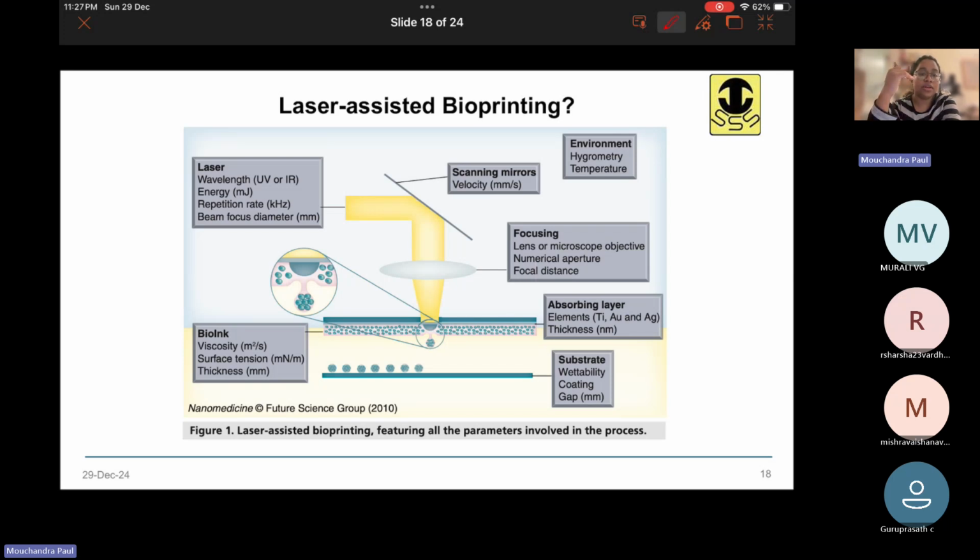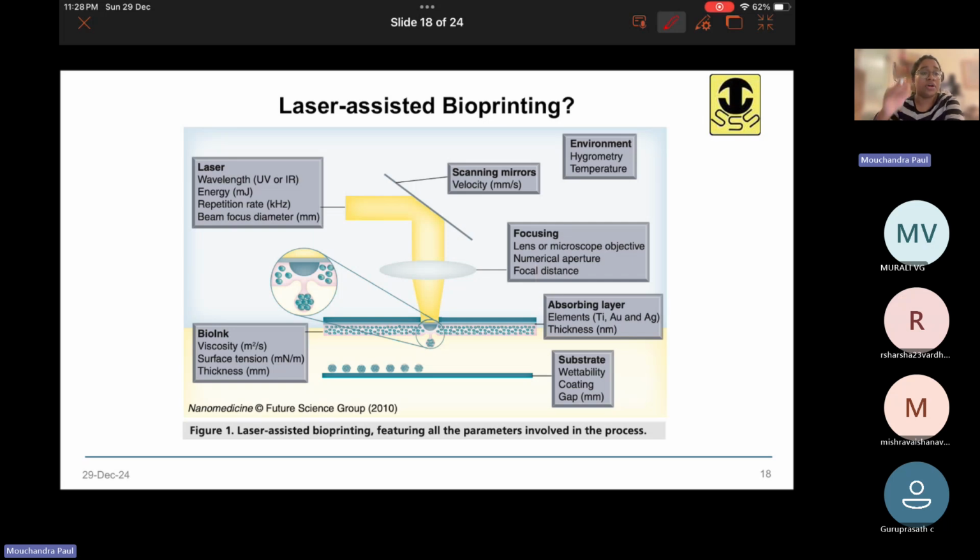Below the absorbing layer, there is a thin layer of the bio ink. So depending on how big the vapor bubble is forming, how thick is your bio ink layer directly in contact with the absorbing layer, and the laser power as well, all these factors will determine the size of the bio ink droplet that is going to be formed.